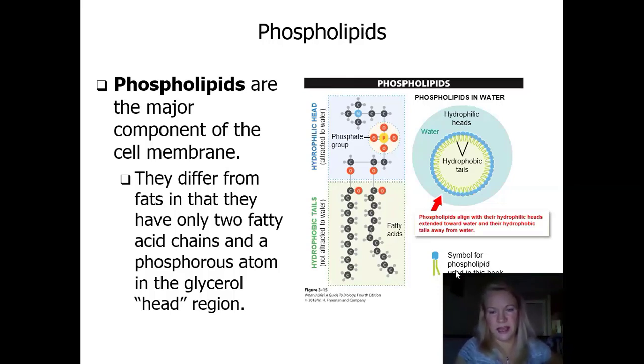As you can see, it's aligned in the middle. So here's water. You have the hydrophilic, water-loving heads here. They kind of align so they can interact with the water, but the tails do not have an affinity to water. If you were to just take a bunch of phospholipids and throw them together in a bottle of water, you'd actually see all the tails kind of come together and all the heads go on the outside.